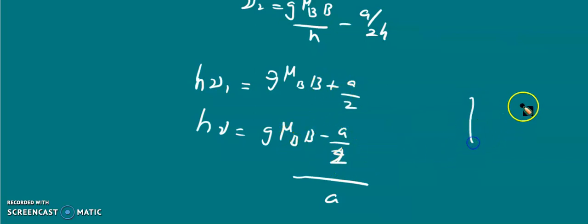So the separation between these two lines gives the hyperfine splitting constant A. So from the experiment of finding the ESR spectrum of the hydrogen atom, we can determine the hyperfine splitting constant of hydrogen. That is nothing but the separation between the two lines in the spectrum of the hydrogen atom.